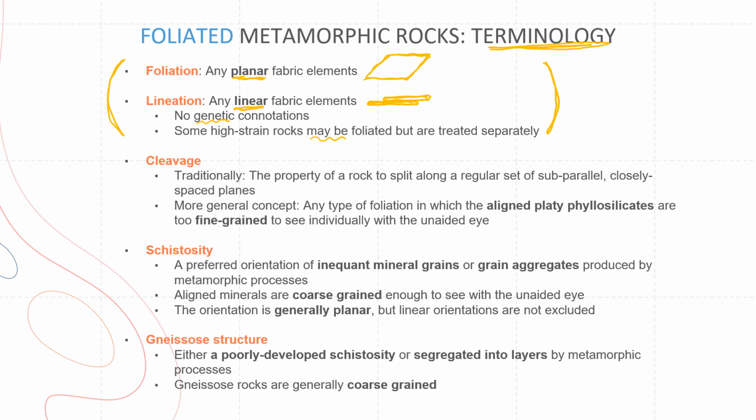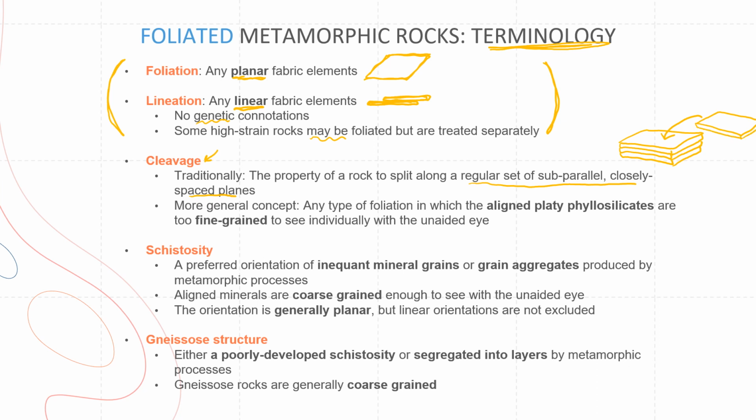Next on the list, we have cleavage. Traditionally, this is the property of a rock to split along a regular set of subparallel, closely spaced planes. If you imagine the pages of a book or stacks of paper, these are stacks of closely spaced planes. And if you split them apart, let's say you take this top sheet off, you will get a nice well-defined plane.